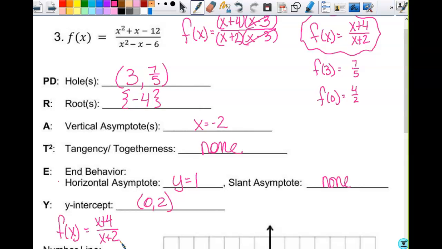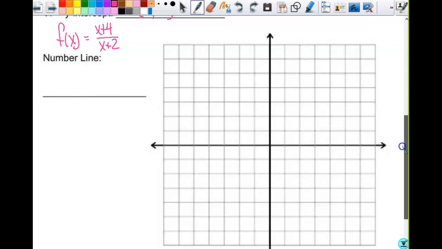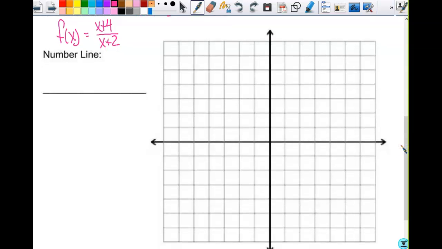We're all good? Okay, so let's do our number line then. Get our signs, or our sign chart rather. So I put 2 things on here. I put my zeros and I put my asymptotes. So I'm going to have a -4 and a -2. The -4 is closed, the -2 is open.